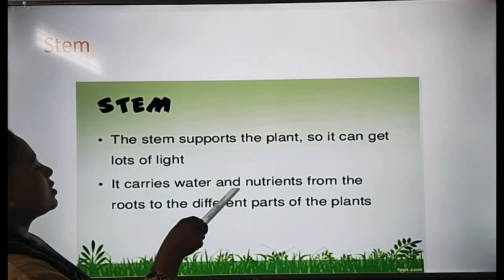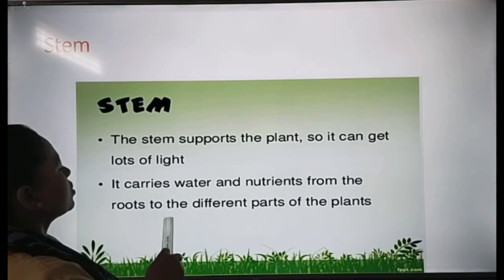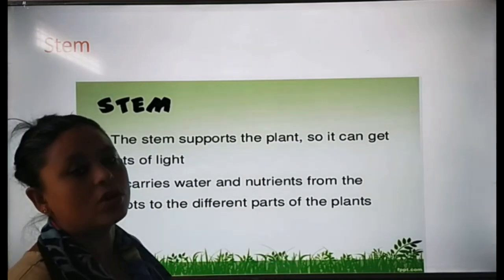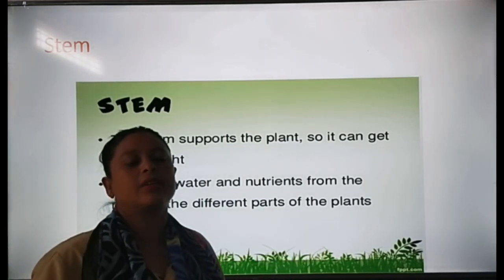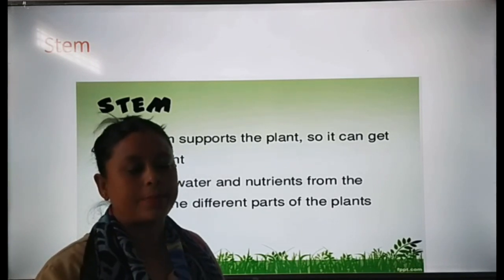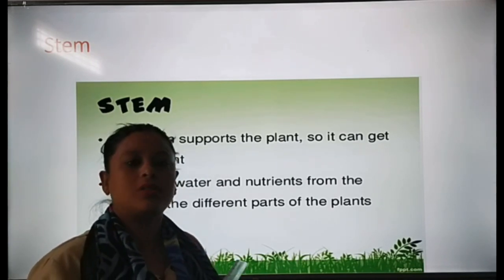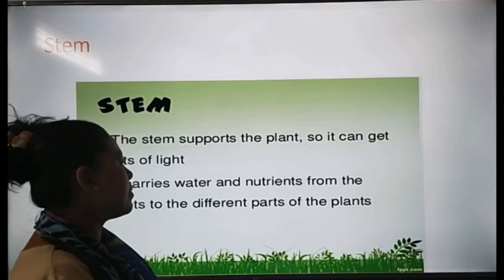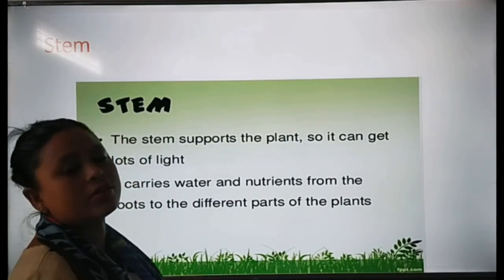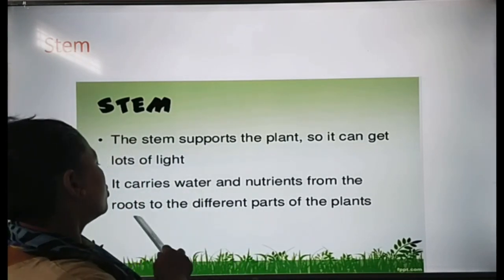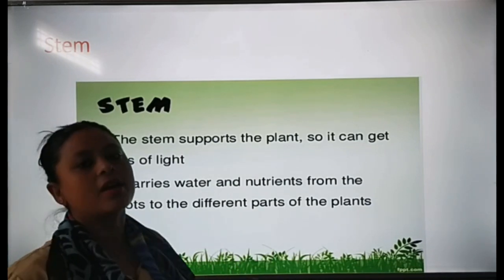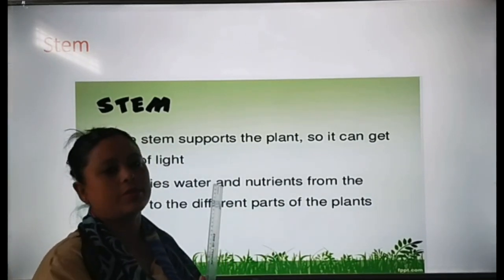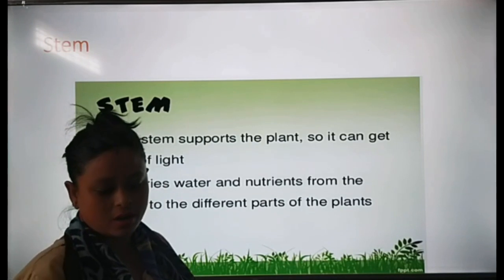It carries water and nutrients from the roots to the different parts of the plant. We have already read that roots absorb nutrients and water from the soil. The stem of the plant carries water and nutrients from the roots to the different parts of the plant. This is the function of the stem.